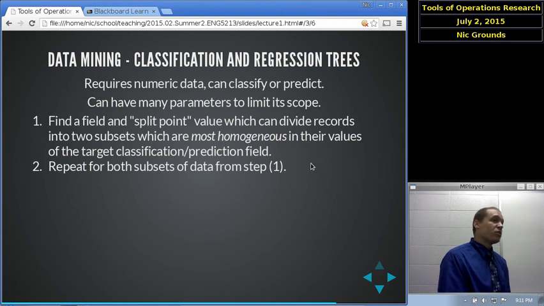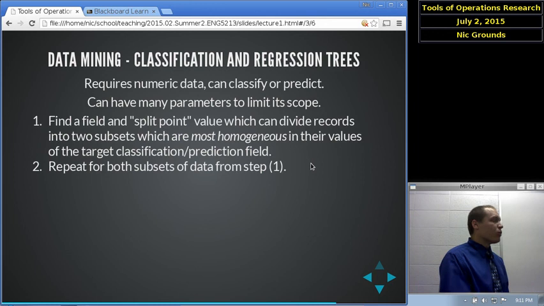Maybe it's based on number of credit hours, those with less than 60 hours and those with greater than 60 hours. Or maybe it's based on gender, those who are females versus those who are males, whatever. We're going to keep doing that and splitting until we find homogeneous sets, that is, all the records in some subset graduate, or all the records don't graduate.